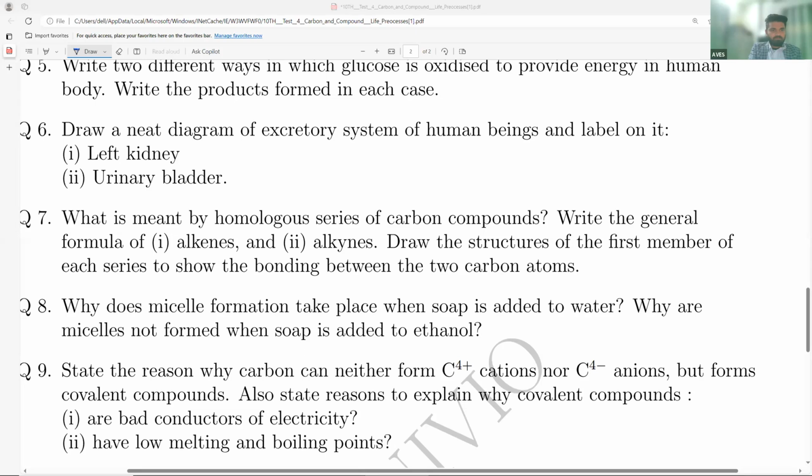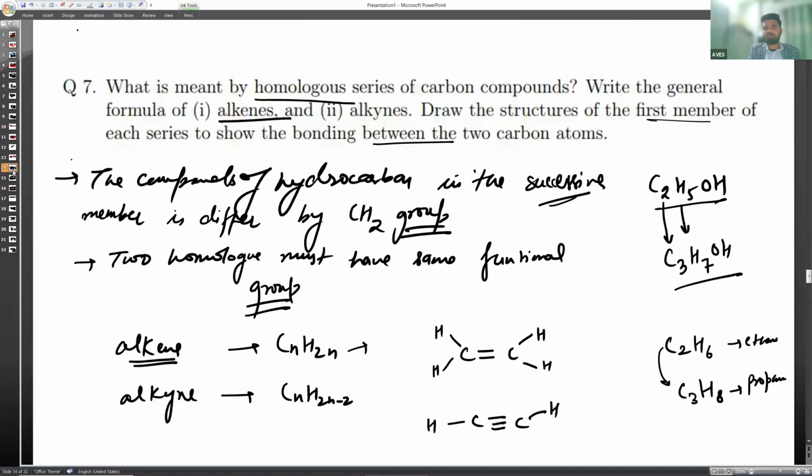Okay. This was not visible to you, then how did you note it? How did you note the answer if it was not visible on your screen?